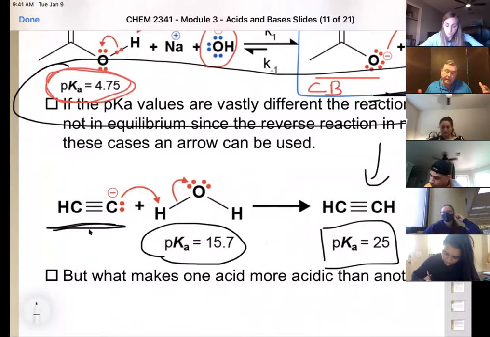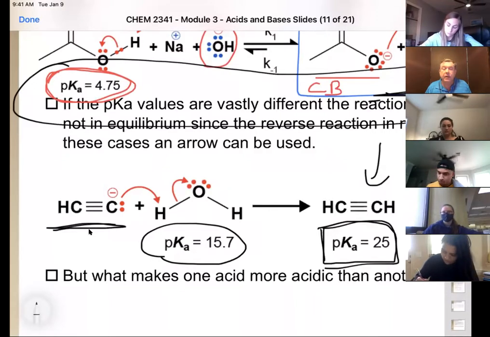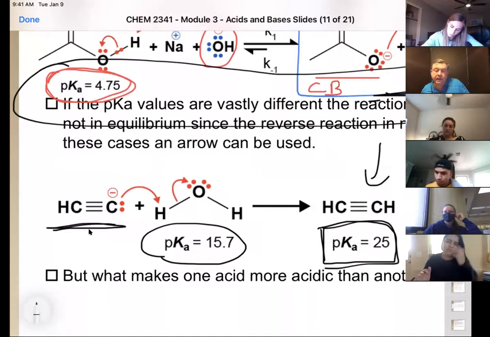So that difference is also about 10. Okay, but we know which way it's shifted because it's much less acidic. So the idea is if it's greater than 10 and much less acidic than the other component, you're going to tend to shift it almost completely over. There still is an equilibrium here, but it's so small, it's almost not measurable.